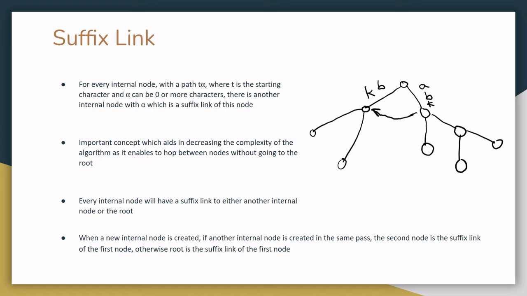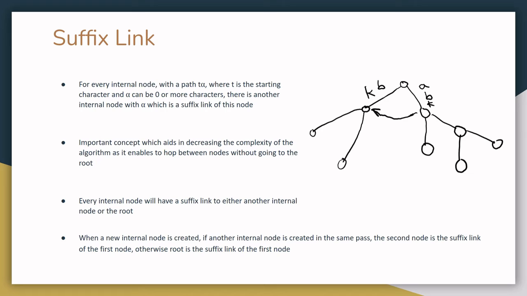It enables us to hop between the nodes within the same pass, and thus we don't have to go back to the root to traverse the entire thing again, and that reduces the complexity a great deal. Now, every internal node will have a suffix link to either another internal node or to the root, and this is a theorem which states the same.